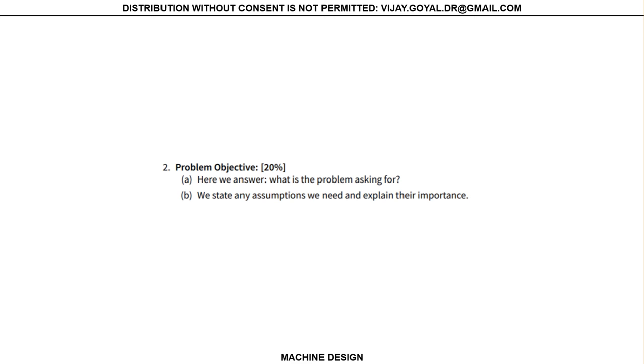The second step asks: what is the problem objective? What specifically are you being asked for? So let's suppose in this particular problem, we can make a couple of assumptions. First of all, we can assume it's a constant cross-section. So you can assume the section is constant.